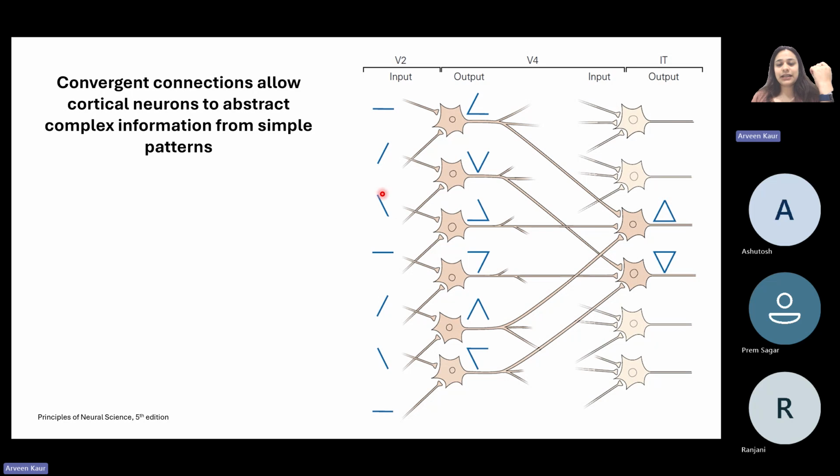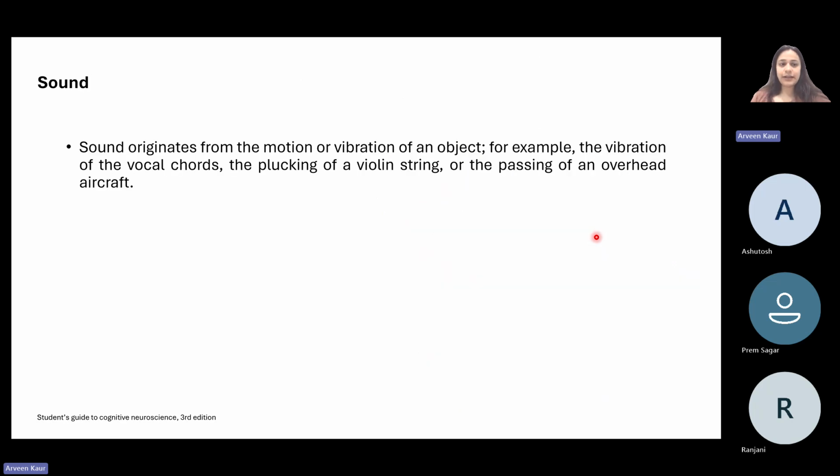This one is getting this kind of an input, one from this neuron, one from this neuron. And even if they are getting inputs from two different structures, the overall input can lead to the output that is actually two different kinds of triangles, right? So I hope you understand that there are simple connections, but if they converge their information to the higher processing regions, this convergent information is what lets us make sense of what is happening in front of us, right?